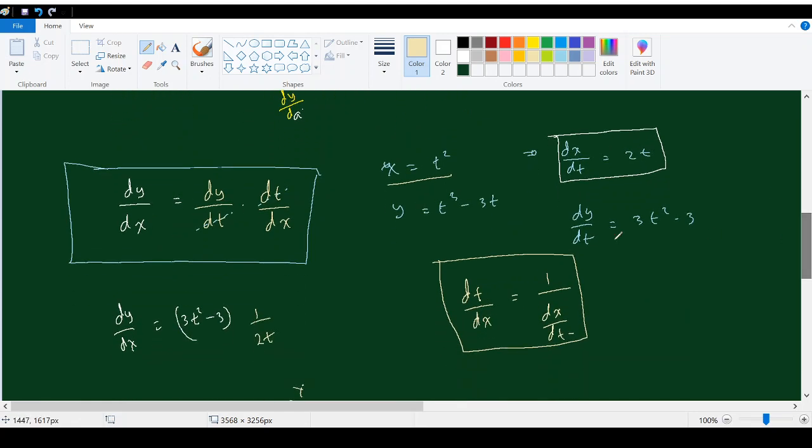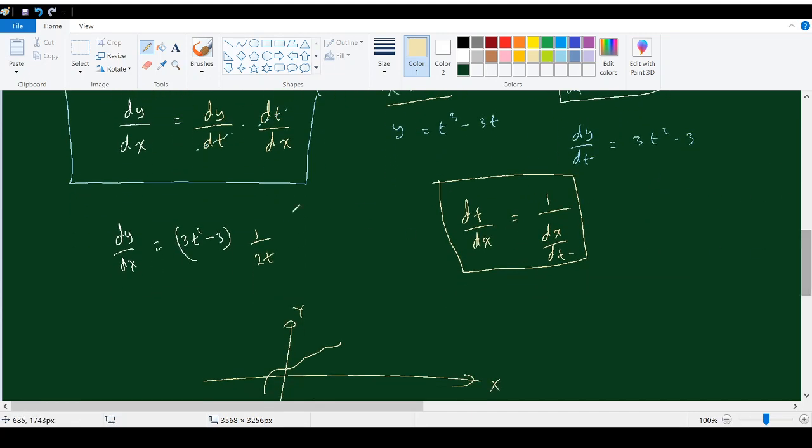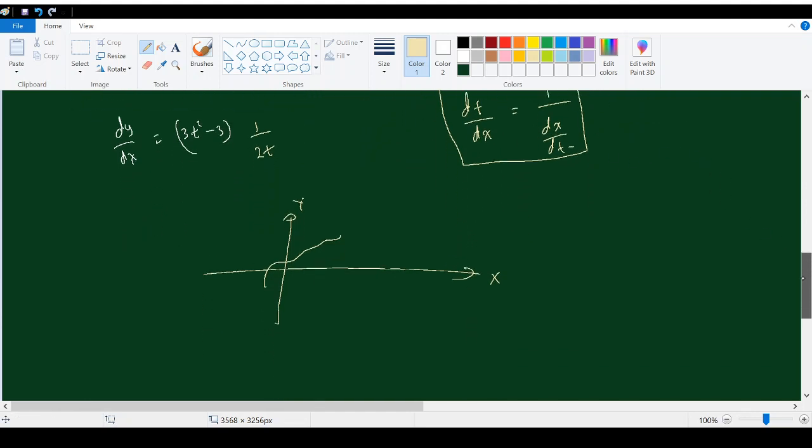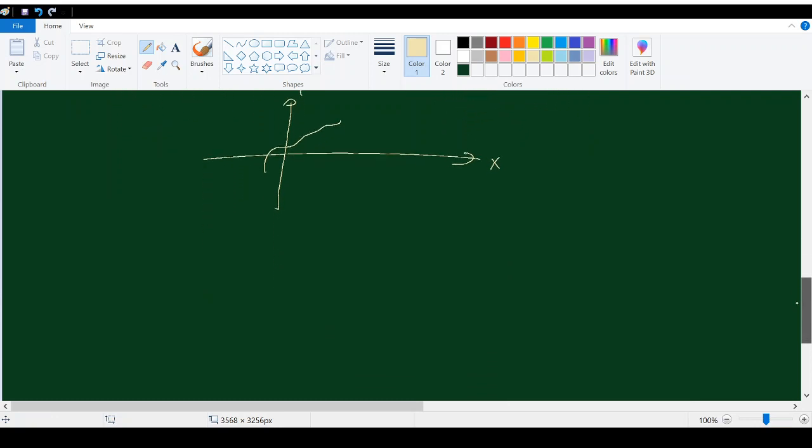So this is how we should compute the derivatives when x and y are represented with the help of a third variable. Basically, you have to remember these two formulas which you have done in calculus 1. With the help of these two we can easily identify the derivative of y with respect to x. And in the next video we will go over a problem which involves these derivatives.